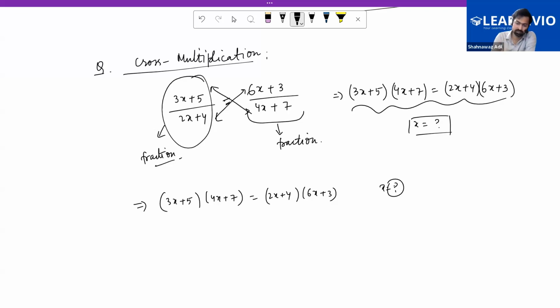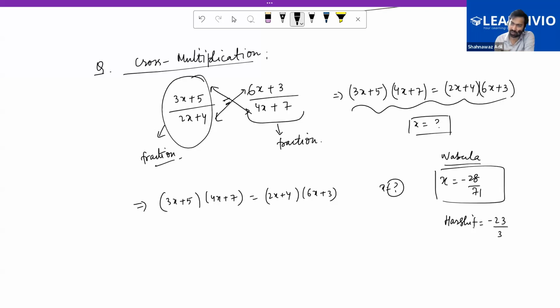Minus 28 by 7. This is what I got. And what about you, Harshit? Sir, I'm getting minus 23 by 3. So now we have this actually, right? And what about you, Gianna? How much are you getting?